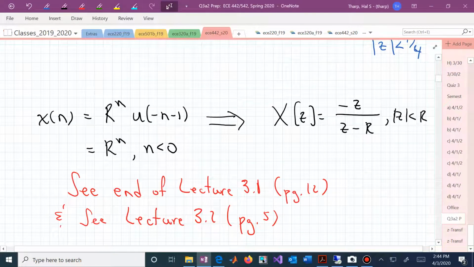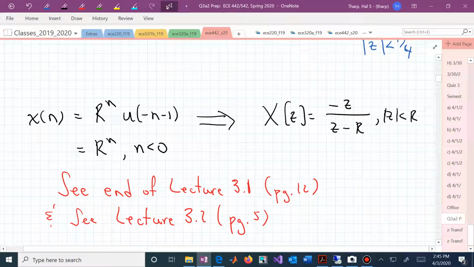So when you're looking at a non-causal sequence, r raised to the n, u of -n-1, that's equivalent to r raised to the n for n less than 0. If somebody gave you a non-causal x of n, then you would have to do this sign reversal in the transform expression.